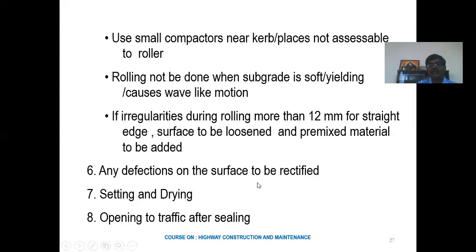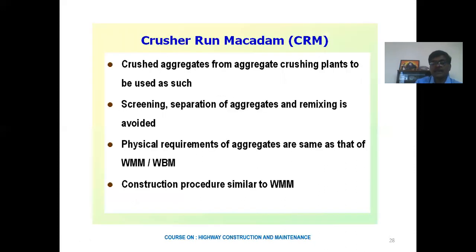Any defects on the surface are to be rectified, and then the layer is to be allowed to set and dry. As I said, the layer should not be opened to traffic. It should be opened to traffic only after sealing with a covering of a bituminous layer.